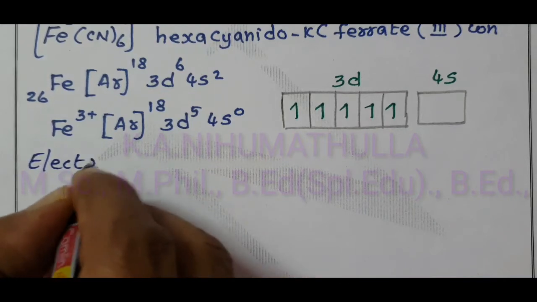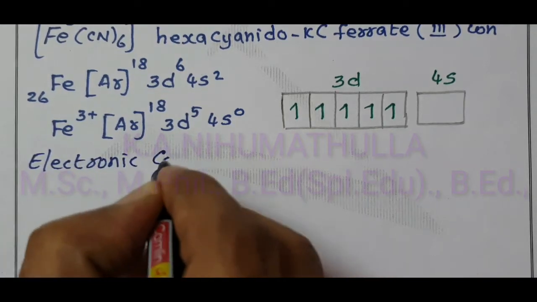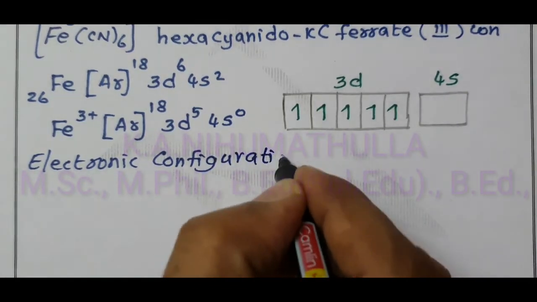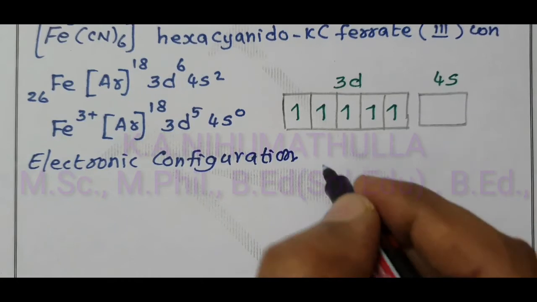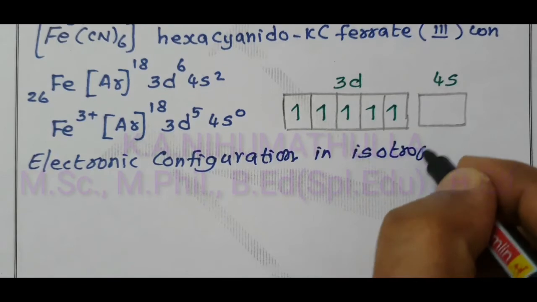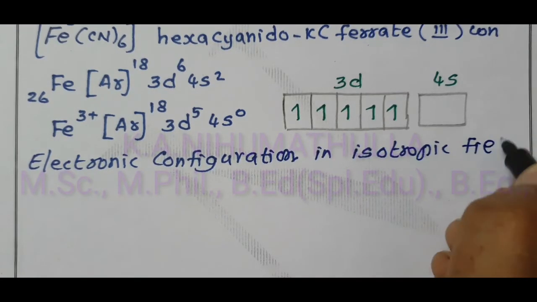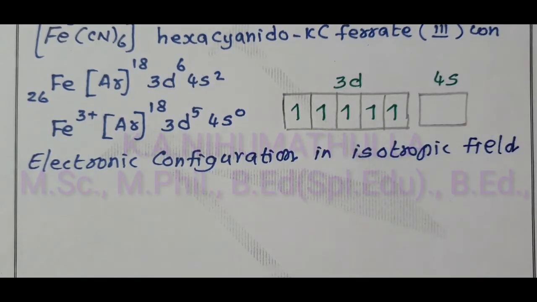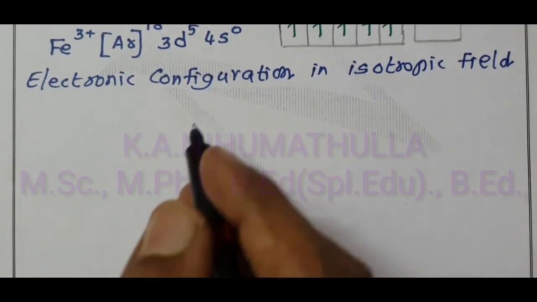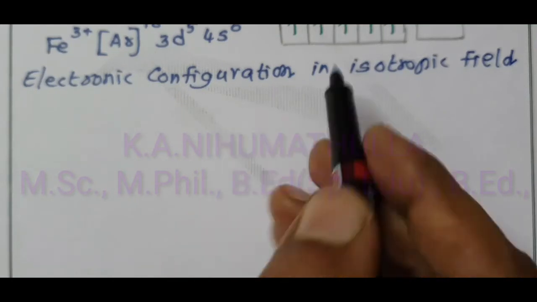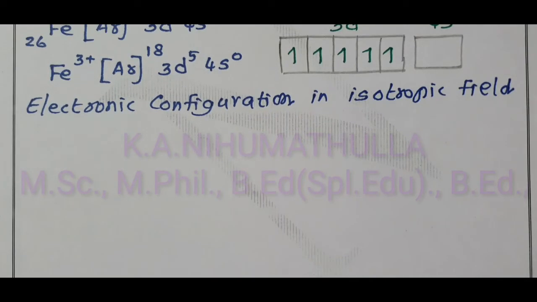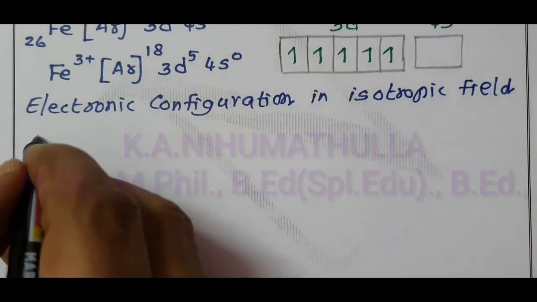What is meant by electronic configuration? Arrangement of electrons in different orbitals. The electronic configuration in isotropic field is also called the barycentre field. By knowing the number of paired electrons, we can calculate the energy in the isotropic field.